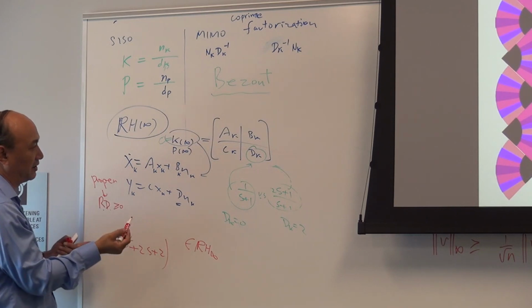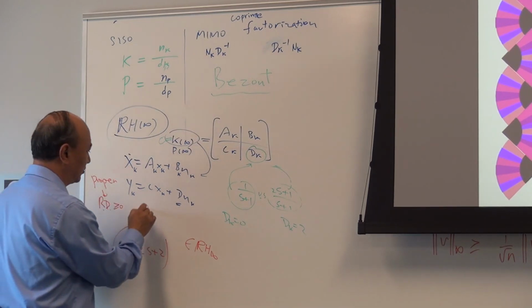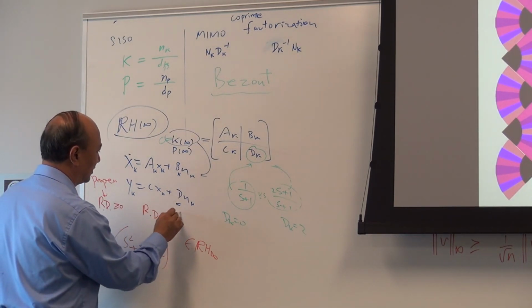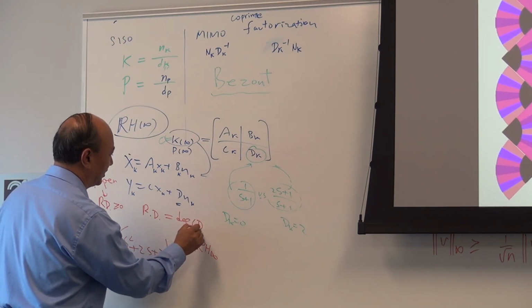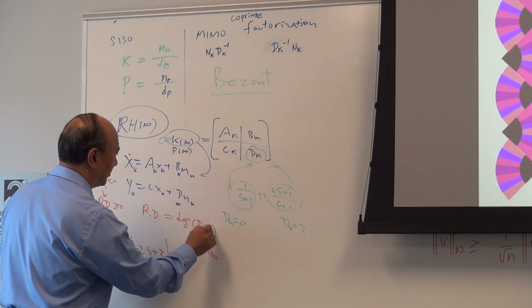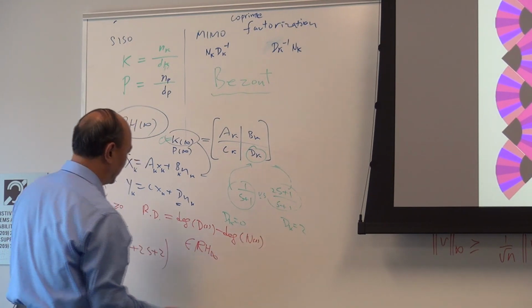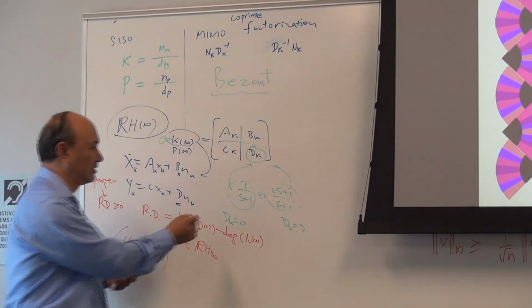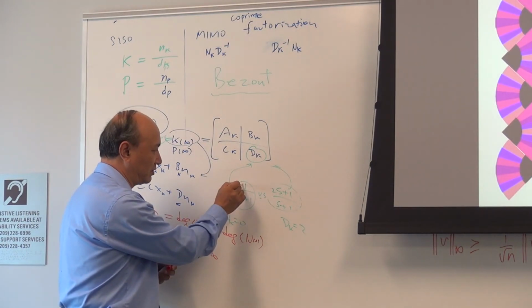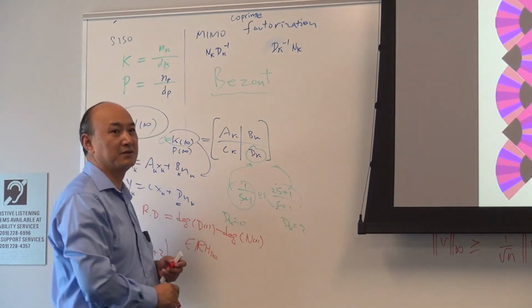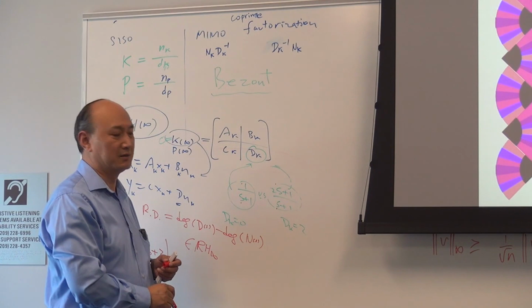Relative degree is defined as the degree of the denominator minus the degree of the numerator. In this case, the relative degree is 1 minus 0, and this one is 1 minus 1.